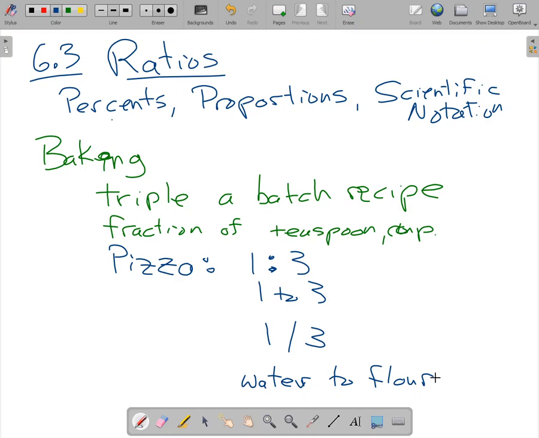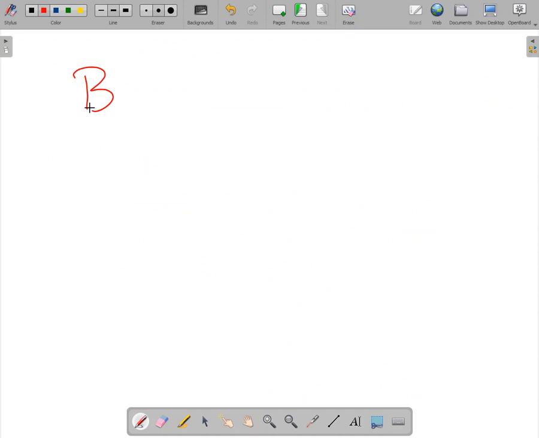Another example, I like the bicycle. I'm going to attempt to draw a bicycle here. Something like this.